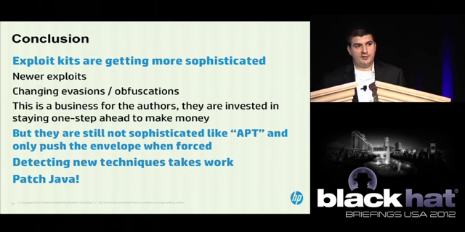But they're not sophisticated in the sense of, unfortunately I have to use this term, APT attacks, that are trying to stay under the radar and silently exfiltrate data. These guys are just trying to get past the first level of detection to infect the computer and add it to a botnet, and then figure out ways to make money.